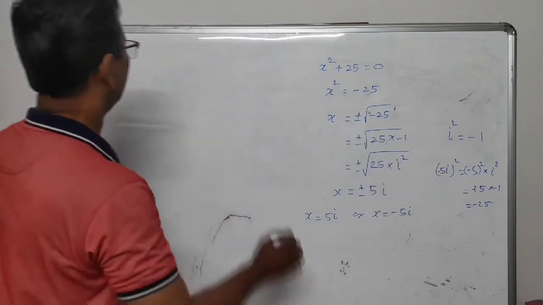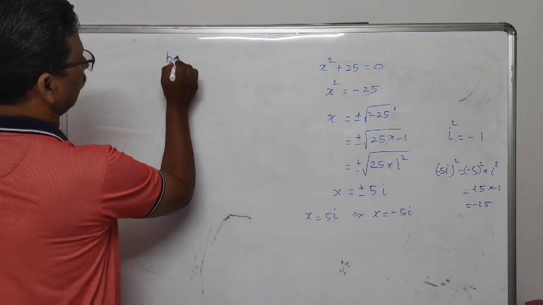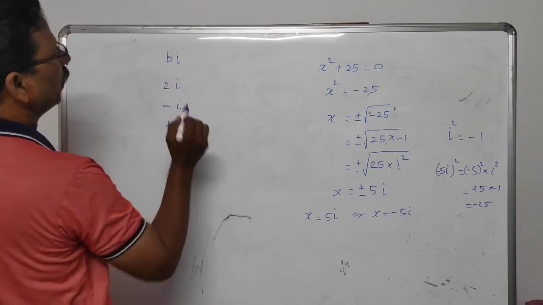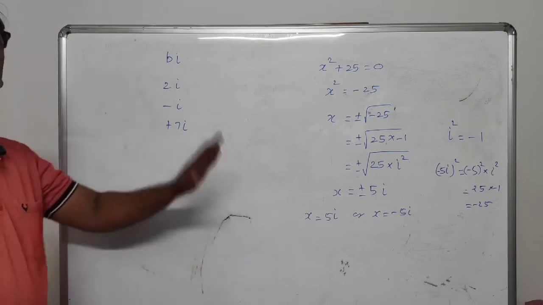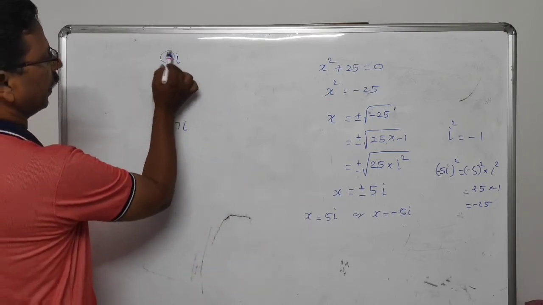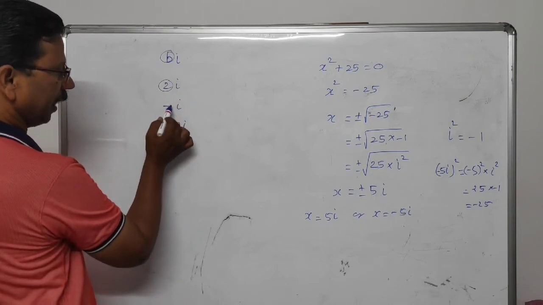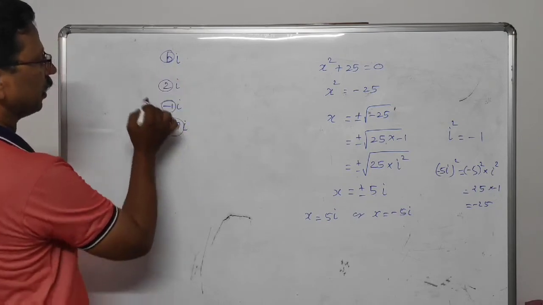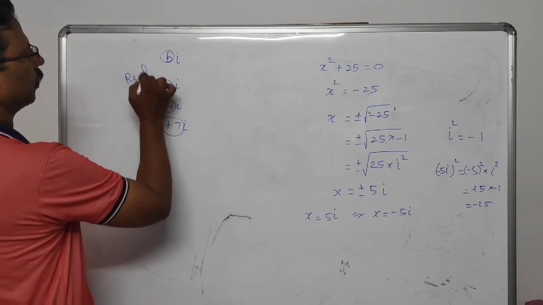For example, you can take bi, or you can take 2i, minus i, plus 7i. These are called imaginary numbers, where b is a coefficient of i, 2 is a coefficient of i, minus 1 is a coefficient of i, plus 7 is a coefficient. These coefficients are real numbers.